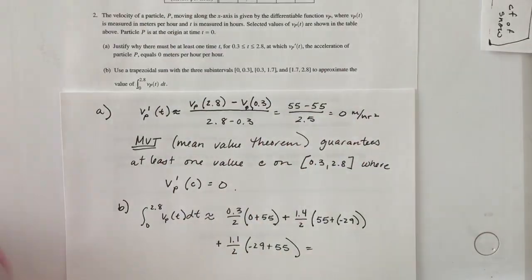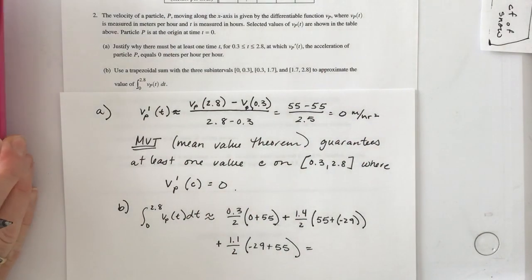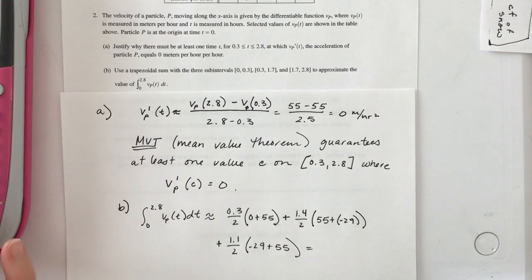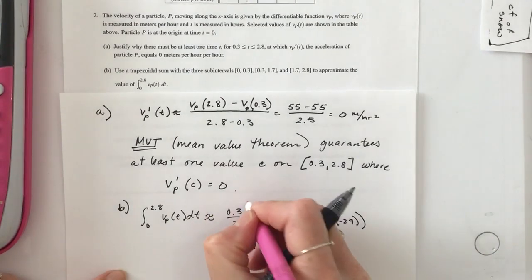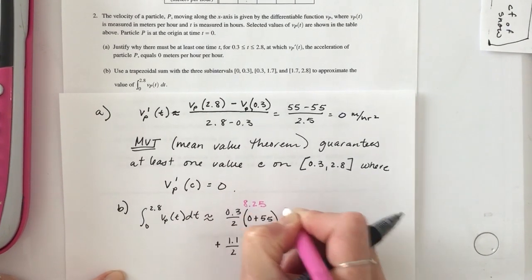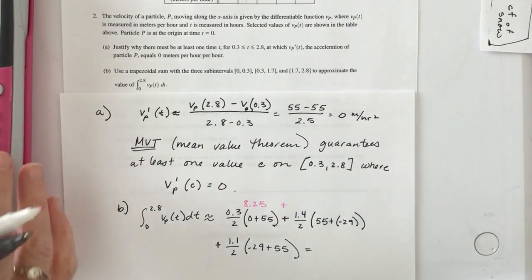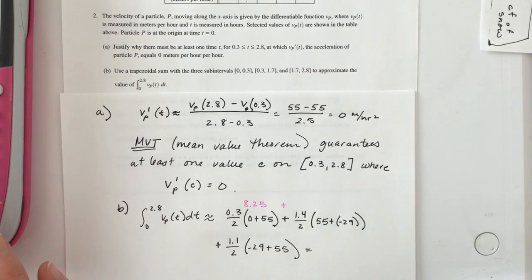I think we do need to calculate it. And let's see what we get. So 0.3 over 2 times 55, I got 8.25, and I'm going to put these numbers up above. Plus 1.4 divided by 2 is 0.7 times 55.